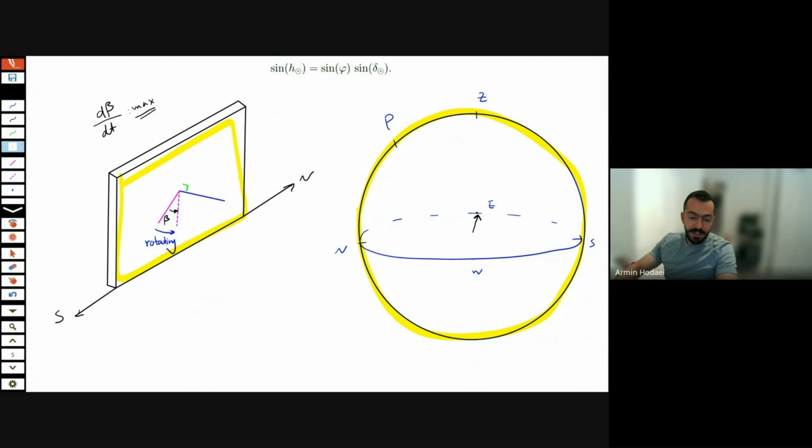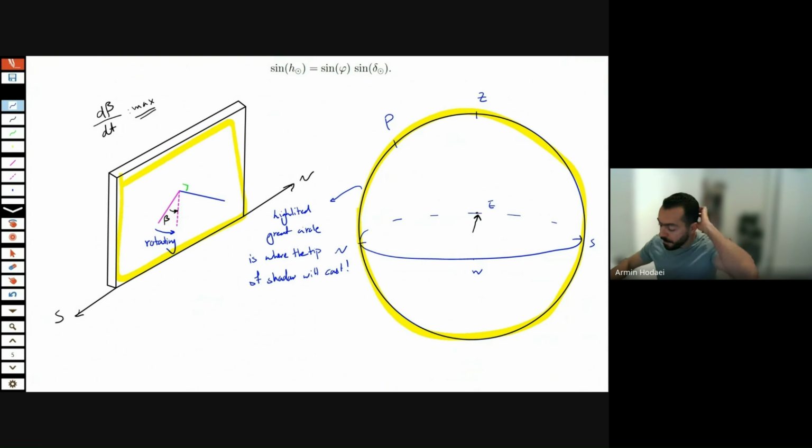The highlighted great circle is where the tip of the shadow will be cast.